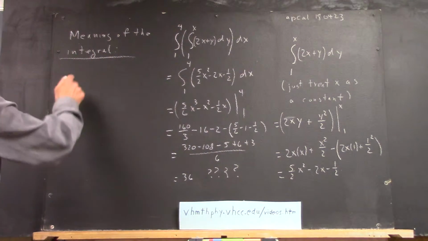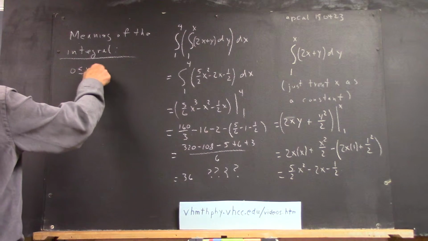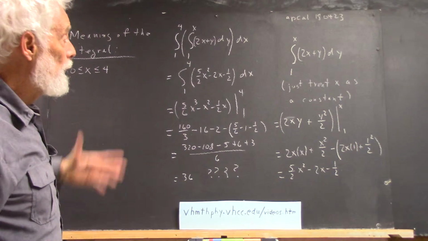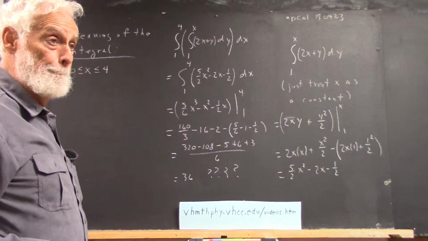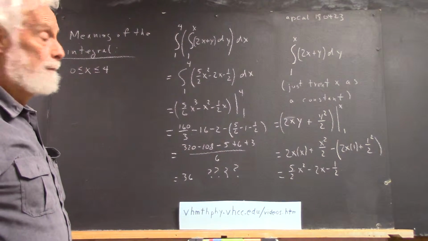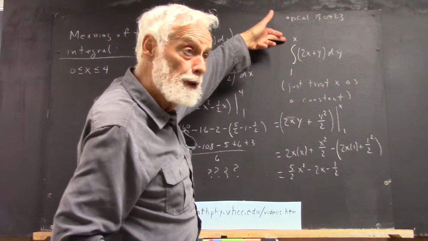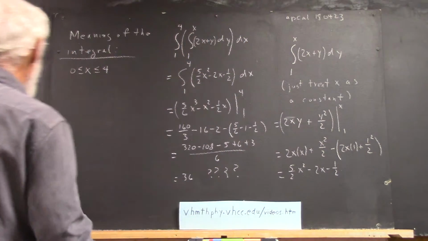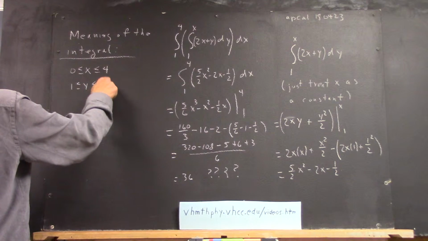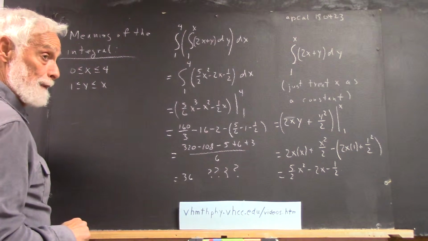So we can say that 0 is less than or equal to x is less than or equal to 4. Okay? What about the values of y? Well, you integrate with respect to y here, the values of y go from 1 to x, right? So 1 is less than or equal to y is less than or equal to x, right? Okay? Now what in the world does that mean?